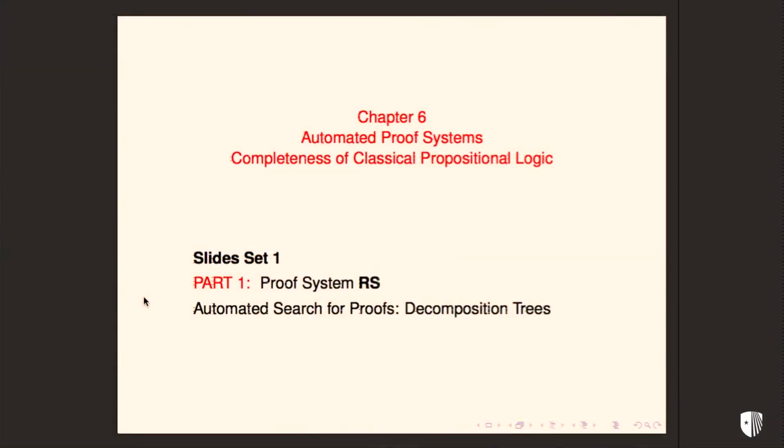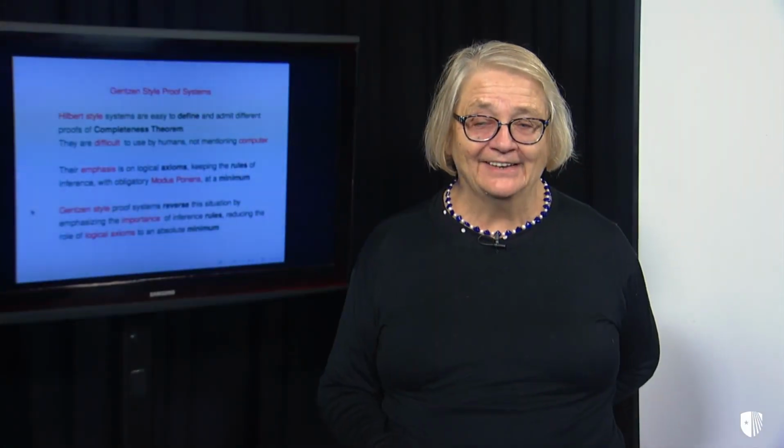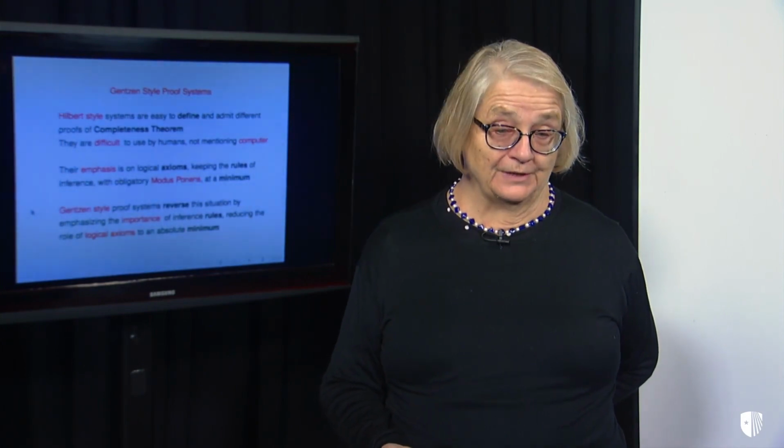And so here we are, part 1. We do the proof system RS. So, introduction. Hilbert systems are easy to define, as we did in the previous chapter, and admit different proofs of the completeness theorem, but they are difficult to use by humans, and I think you noticed that, not to mention computers.